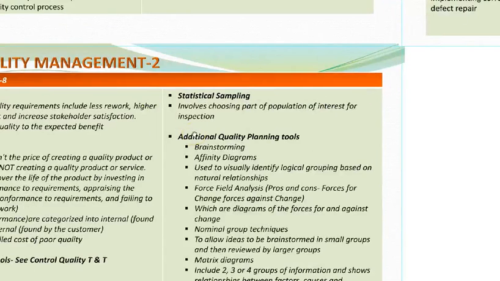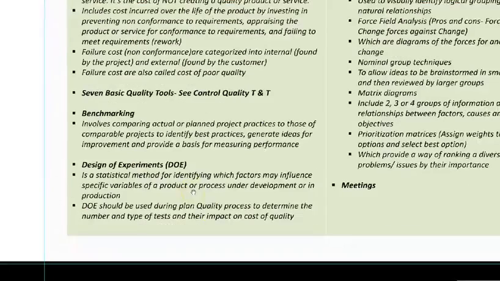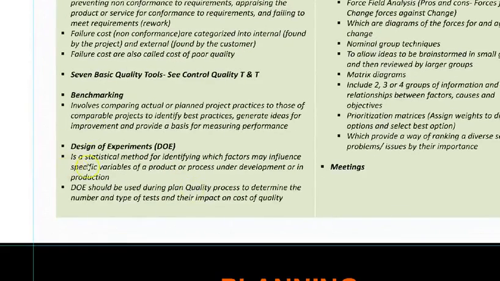The next question, explain design of experiments with an example. Now, design of experiments is a statistical method for identifying which factors may influence specific variables of a product or process under development or production. Design of experiments should be used during plant quality process here to determine the number and type of tests and their impact.